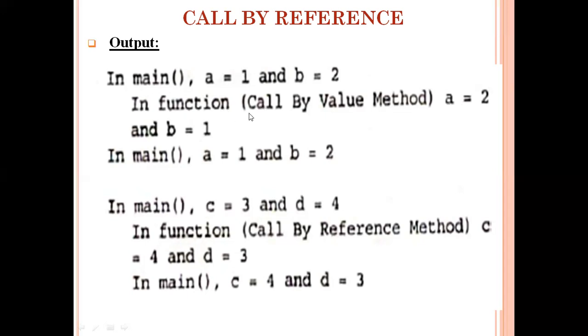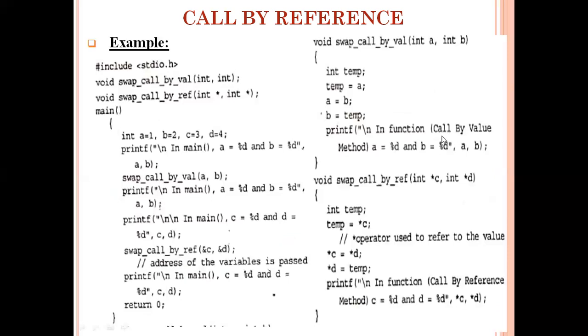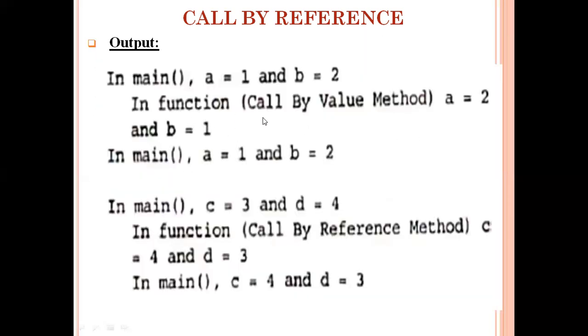This is inside the called function; we print the values inside the called function, that is the second statement. In the swap call by value function, a value is equal to 2, b value is equal to 1. That is, the values have been modified, and the modification is reflected in the called function.